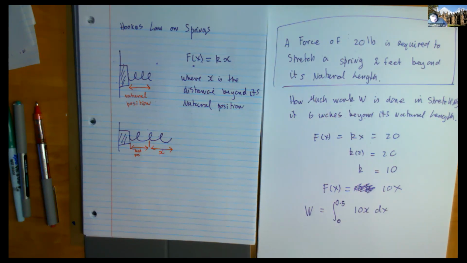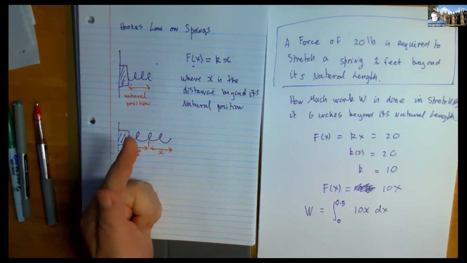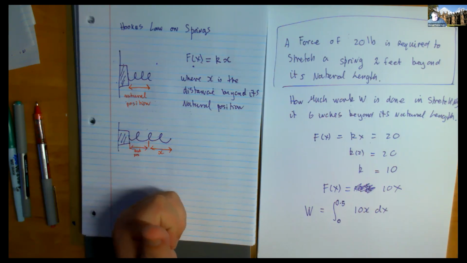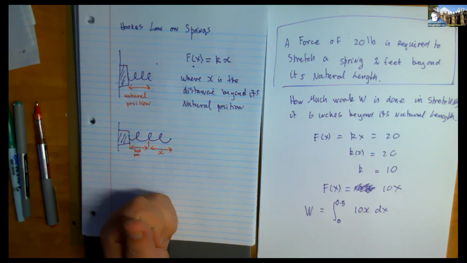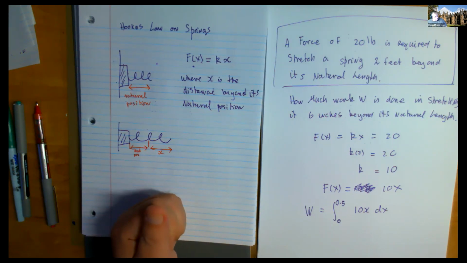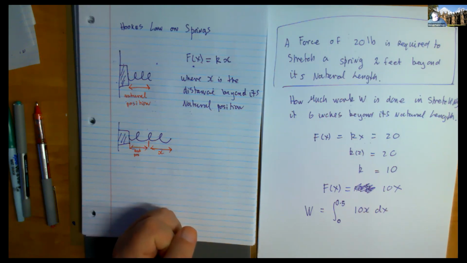So here are the rules of the game. All distances are feet, or all distances are meters. If they tell you it's 6 inches, that's half a foot. If they tell you it's 18 inches, that's 1.5 feet. If they tell you it's 3 feet, it's 3. If they tell you it's 2 meters, it's 2.